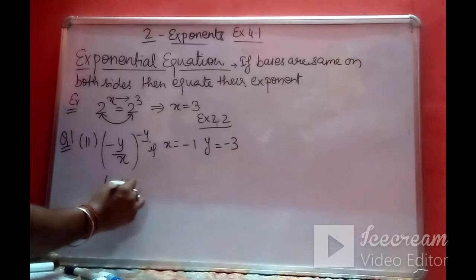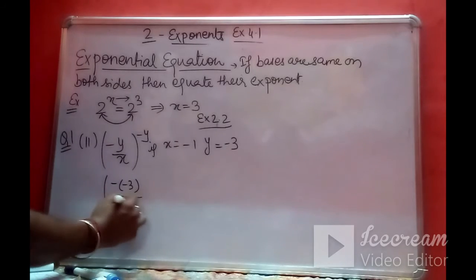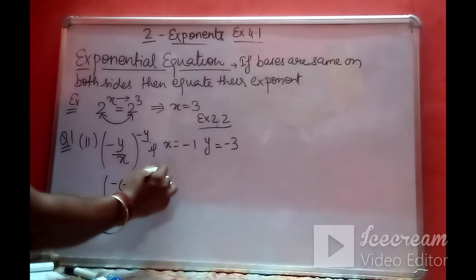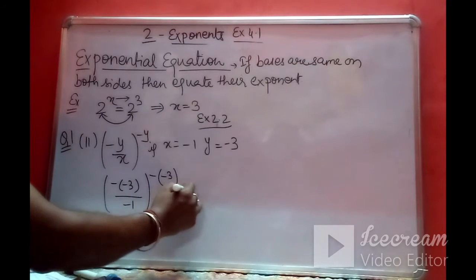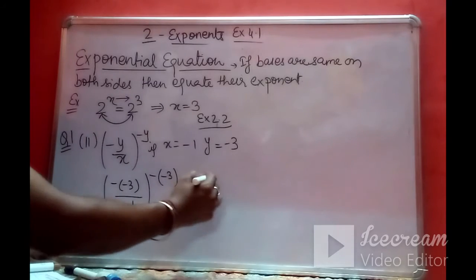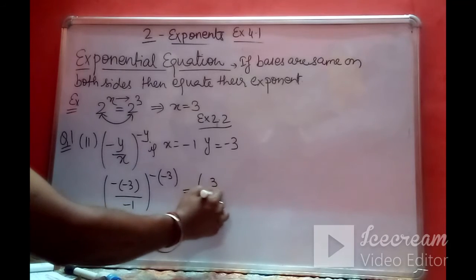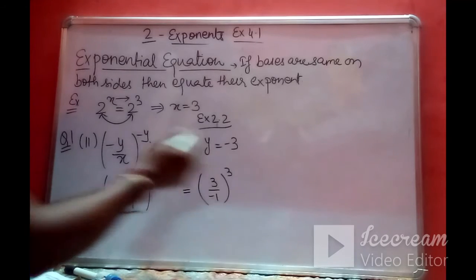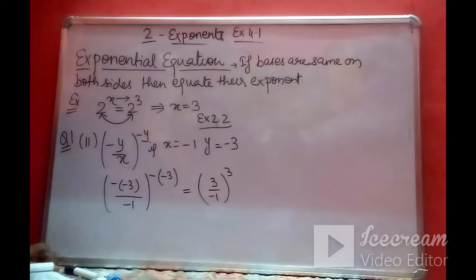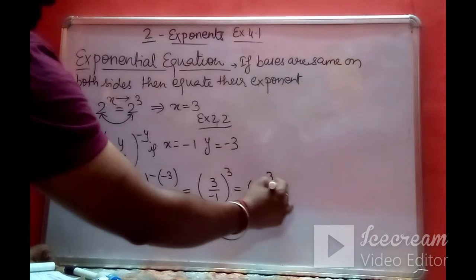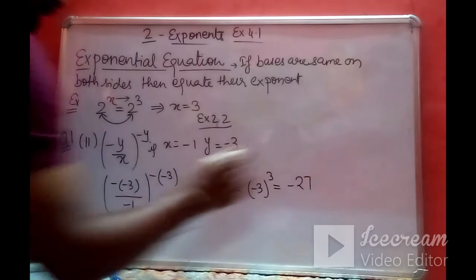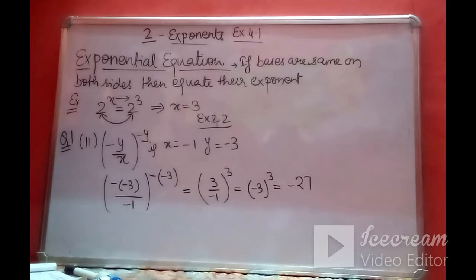It is minus 3, x is minus 1 and here also minus 3. Just simply put the value of y and x. So see what you will get, minus plus minus 1, and it is also minus plus. So it is actually minus 3 cube, and minus 3 cube is minus 27.